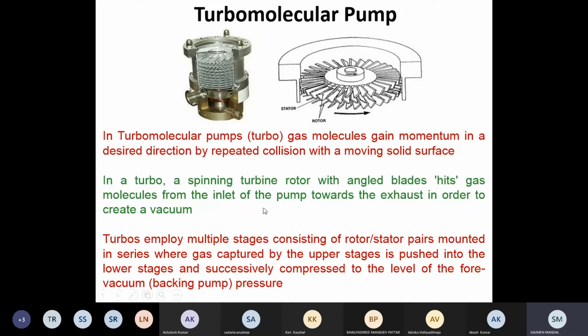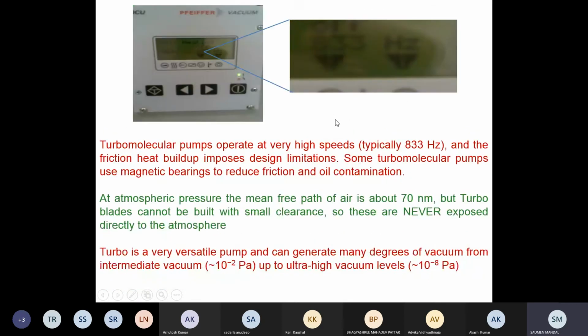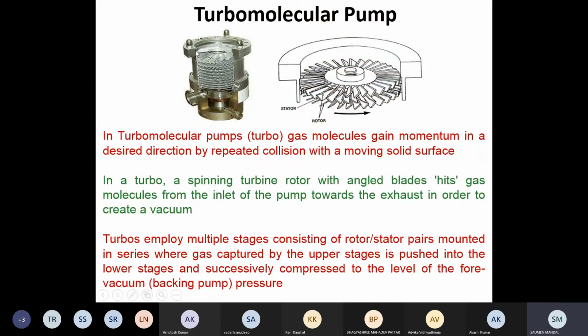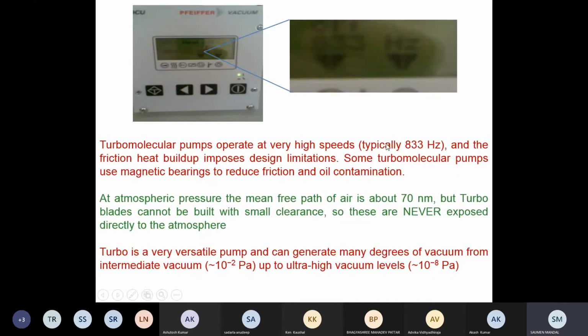This will rotate, and as I told, the gas molecule will be hit and slowly go there. Next class, I'll try to show you at least one video of such a system so that you can understand. Just keep in mind that the turbomolecular pump rotates very fast, typically at 833 hertz.